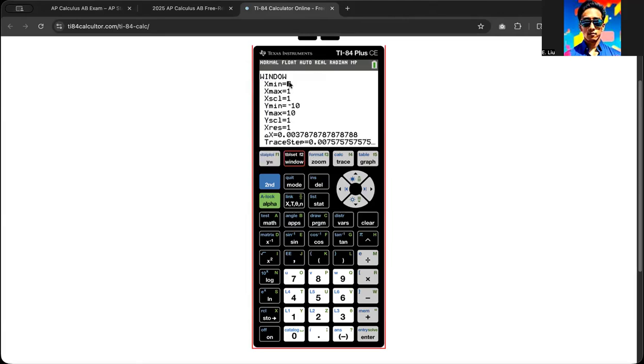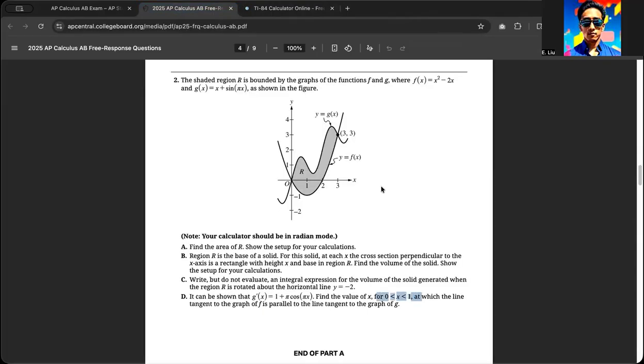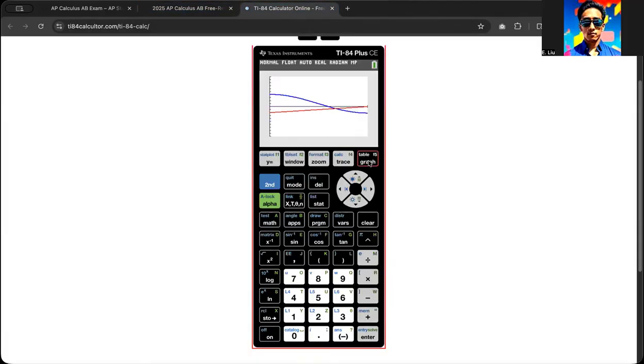Our window we can set from 0 to 1 because that is exactly where they want us to look, between 0 and 1. And when we graph that function, we see that they do cross at this intersection. So here's what I like to do. I hit second, calculations, and go down to find the intersection of these 2 points. We go to the left of the first one and the right of the second one.